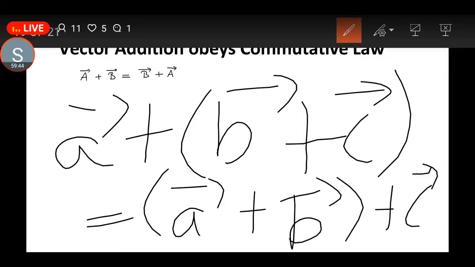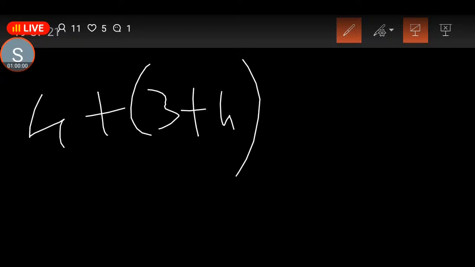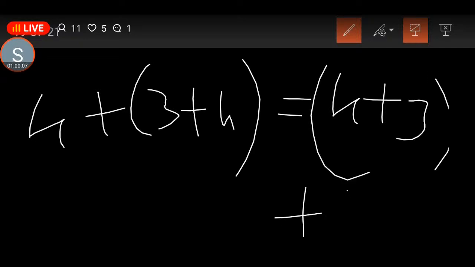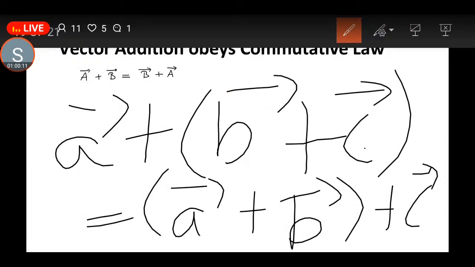This is the same, right? 4 plus 3 plus 4, 7 plus 4 is 11, and here 4 plus 3 is 7, 7 plus 4 is 11, the same. I'll show you with an example itself. 4 plus 3 plus 4. If you add like this, it will be the same, right? 11, 11. That is the thing they have said.